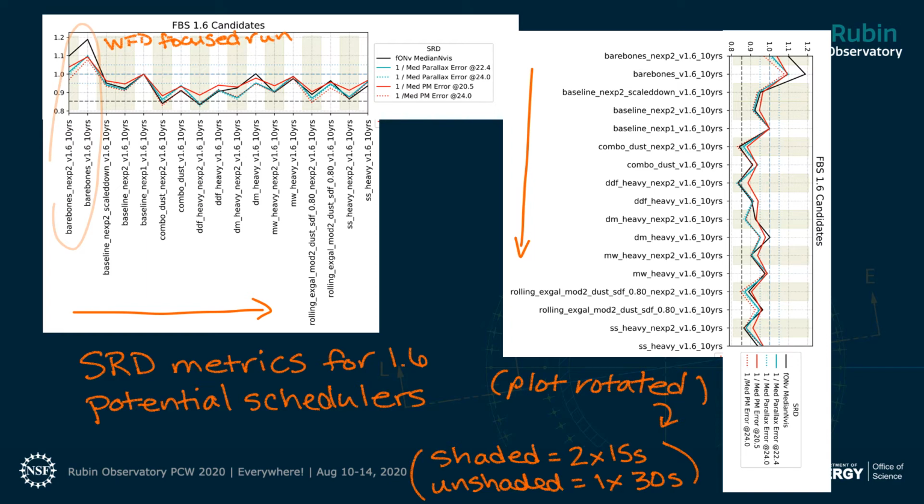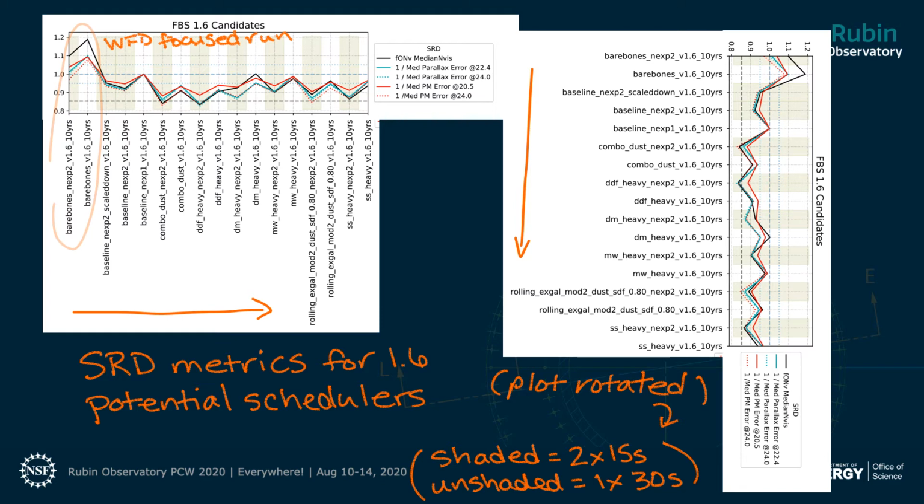And in the other runs, where you see that they drop a little bit lower, tends to be where we've taken more time out of the wide fast deep and put it in other aspects of the survey, either in the DDF heavy, we put that time into the deep drilling fields, or in the combo dust, we put the time into other regions of the sky so that we could have 825 visits per pointing in the wide fast deep, but also cover the other parts of the sky like the bulge and the NES with the number of visits required for that science.